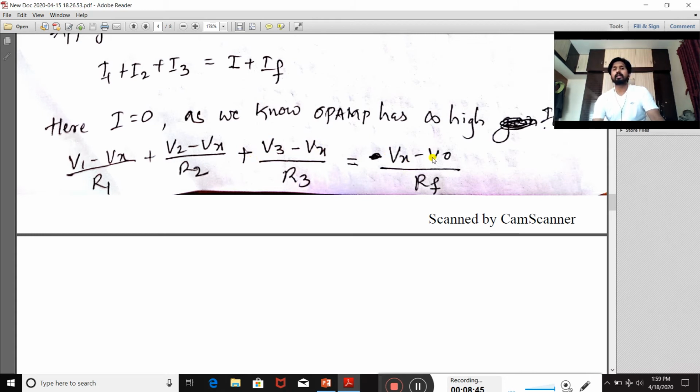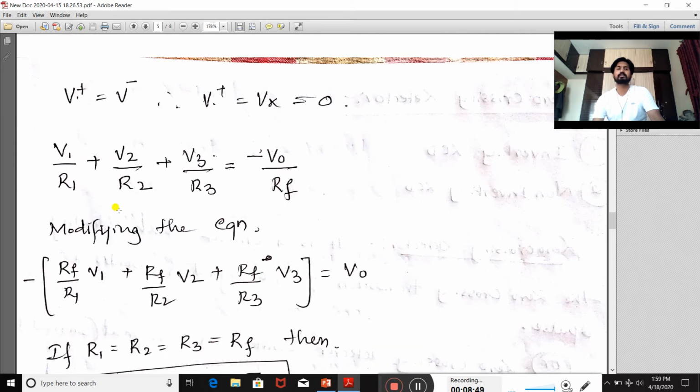Then minus Vx is 0, that is minus V0 by Rf. The same thing is written here: V1 by R1, V2 by R2, V3 by R3 is equal to minus V0 by Rf.